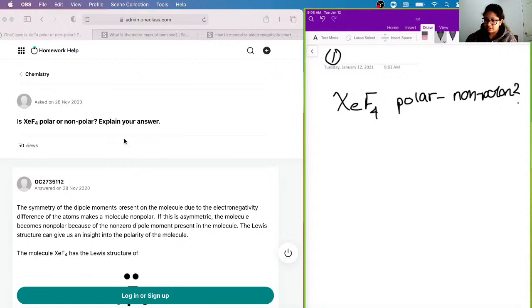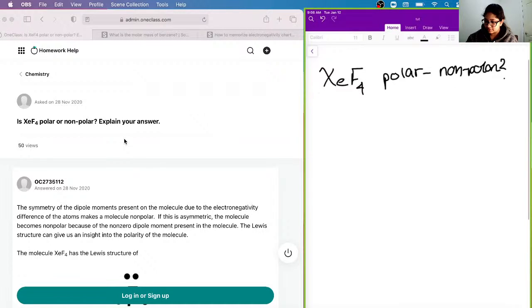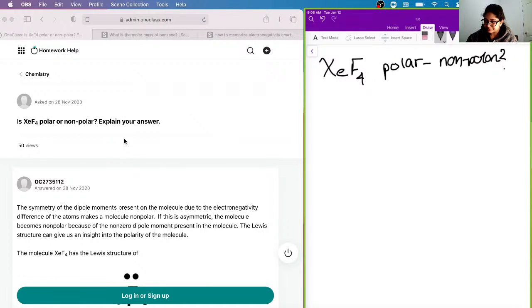Basically what we need to do is address the symmetry of the dipole moments. It's very important to address the dipole moments when we're talking about polar or non-polar bonds. We need to see if the dipole moments are in symmetry due to the electronegativity difference of the atoms.